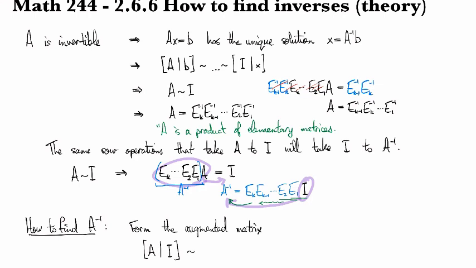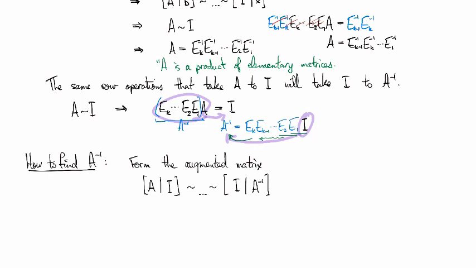And then we're going to do row operations until we get, well, if we get the identity over here, then what we end up with over here is going to be A inverse. But that might not happen because not everything is invertible.